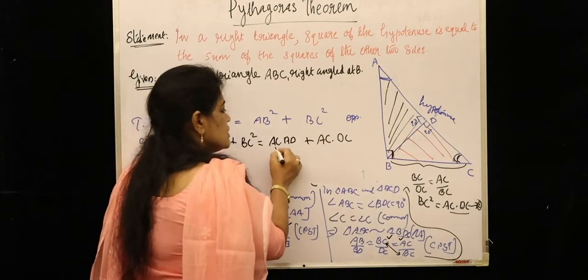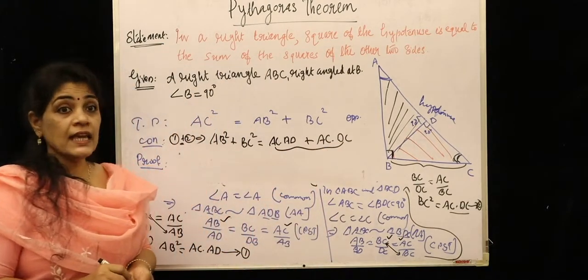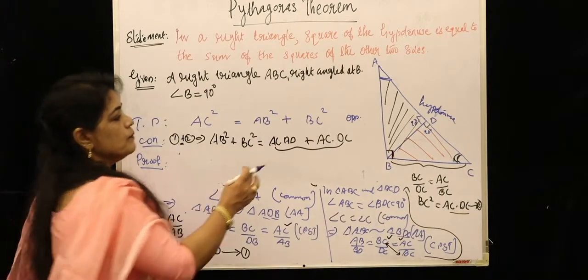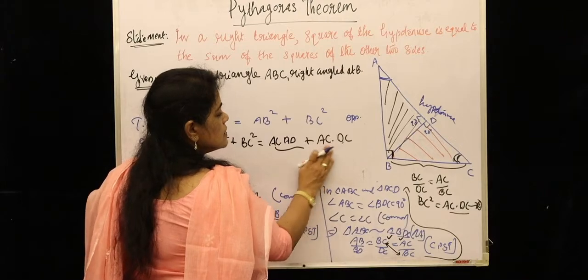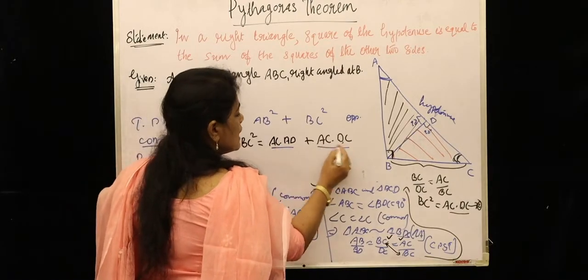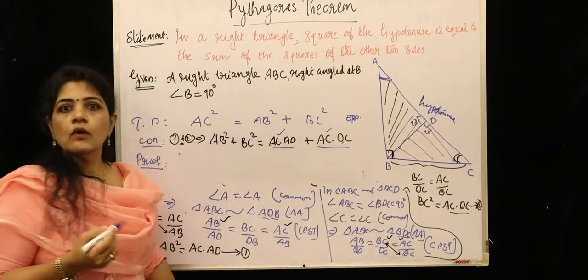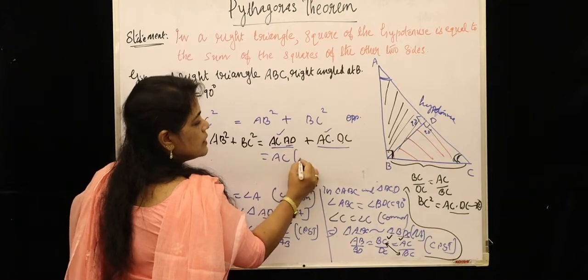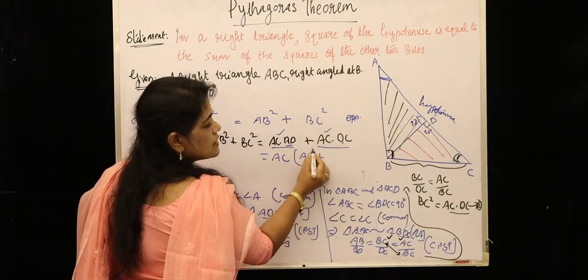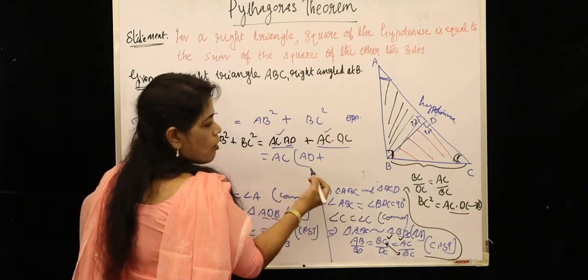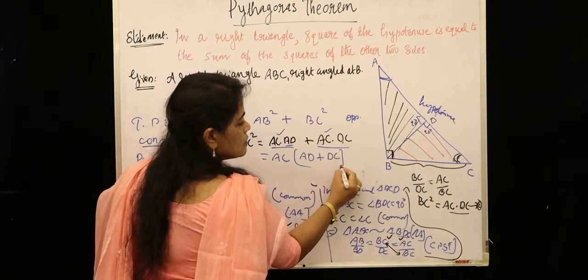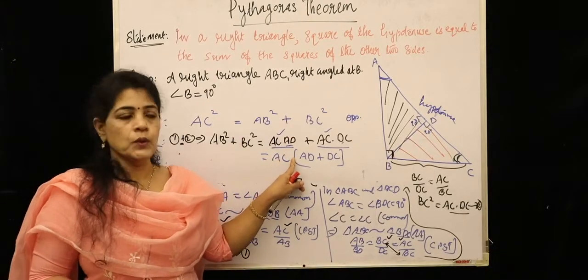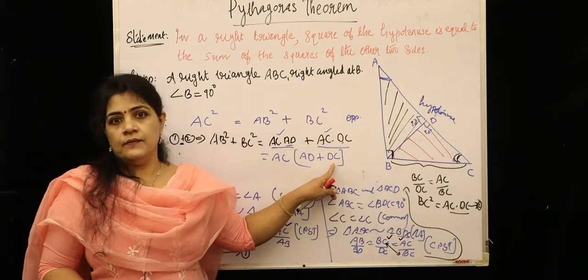And see, from these two terms of the RHS, AC into AD and AC into DC, AC is common. So I am going to take AC outside as the common term, and the remaining terms are AD plus DC in the bracket. So now we have AC into AD plus DC.